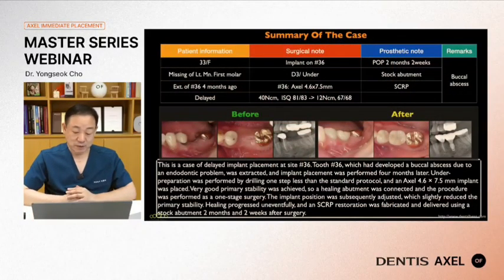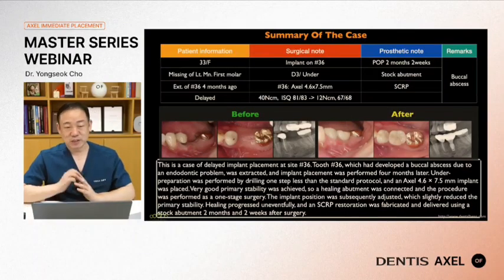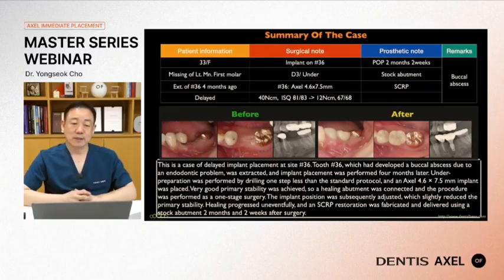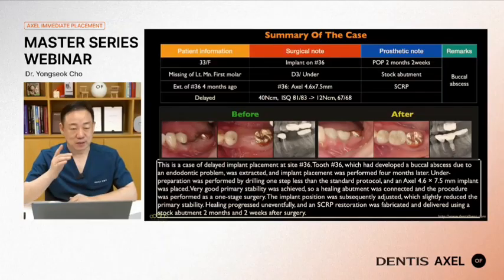Okay, this is a delayed implant surgery case. I performed flapless surgery. So this is my routine surgery after extraction when there is no indication for immediate placement. Usually I extract the tooth, wait 3 to 4 months, re-evaluate, and then do the surgery very simply.